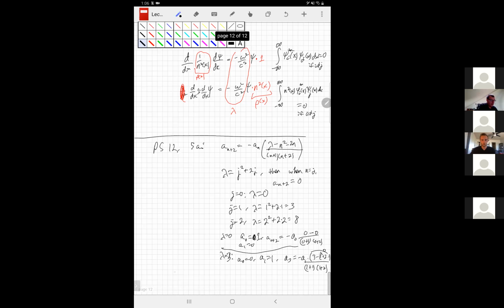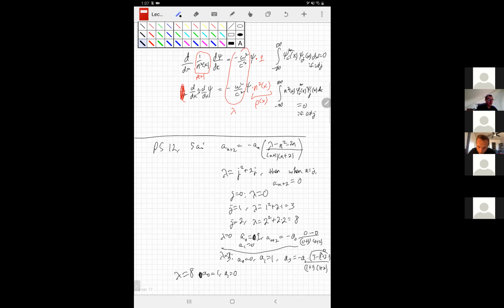now the difficult part is if lambda equals 8. All right, then we say a_0 equals 1, a_1 equals 0.